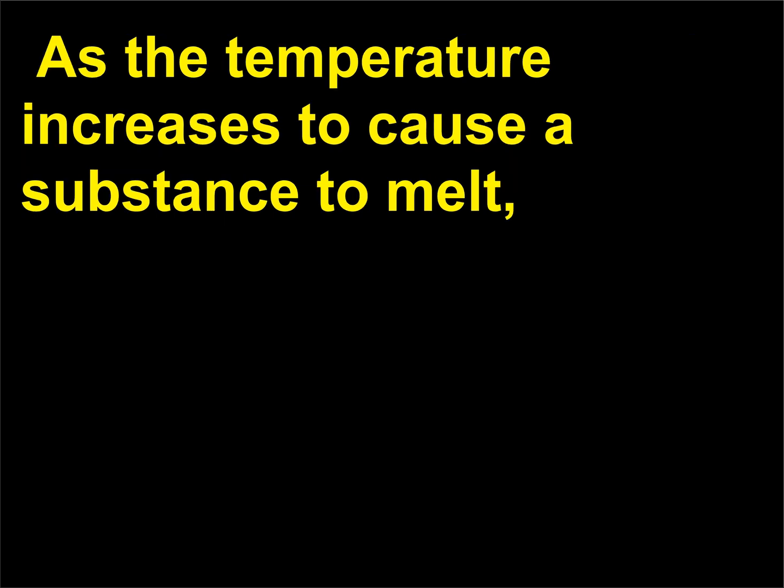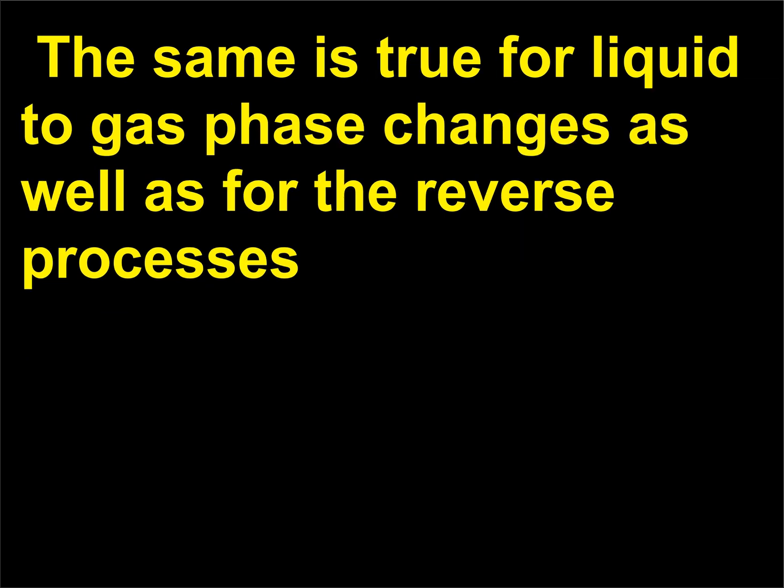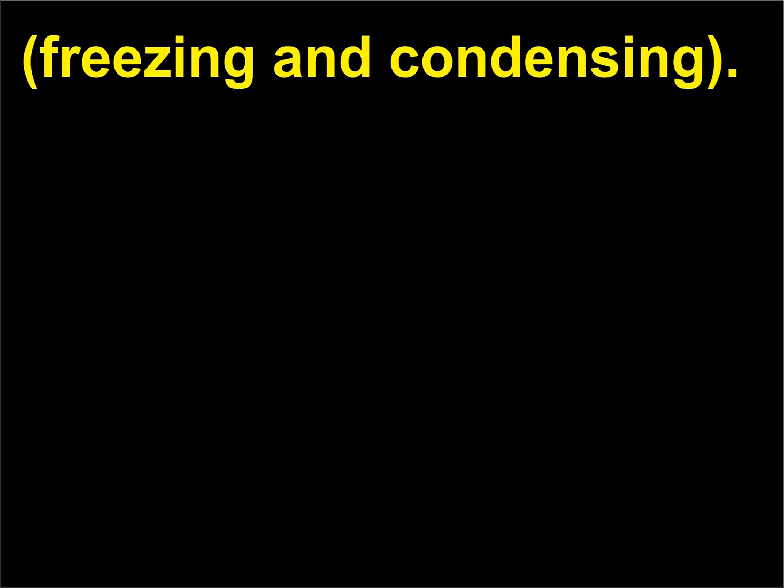As the temperature increases to cause a substance to melt, the arrangement of the molecules in the solid/liquid changes, but no chemical reaction takes place. The same is true for liquid to gas phase changes as well as for the reverse processes. Freezing and condensing.